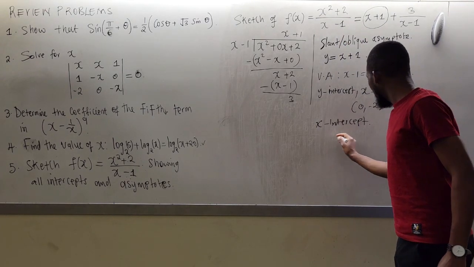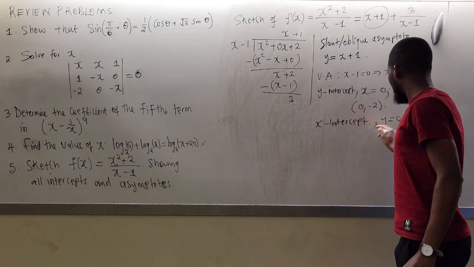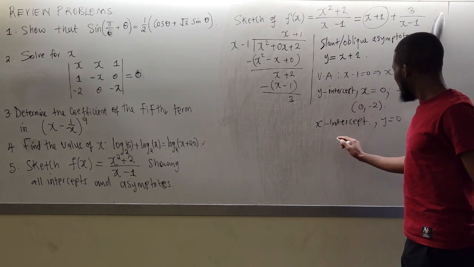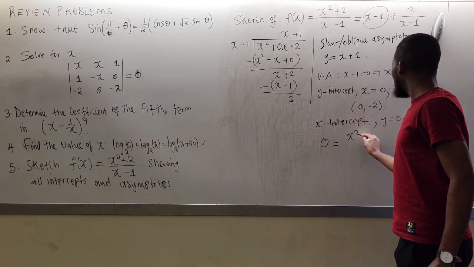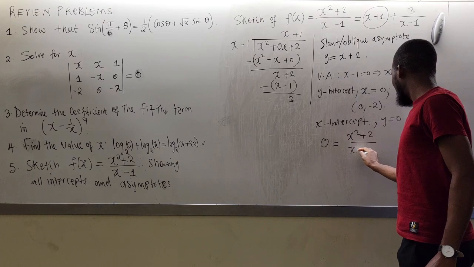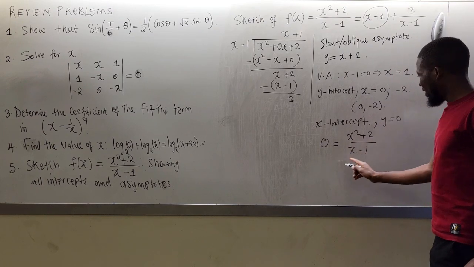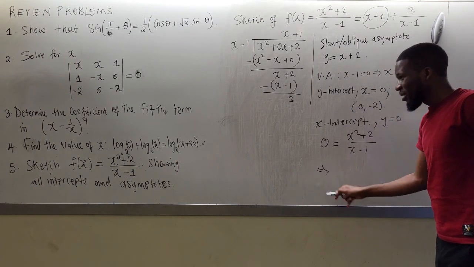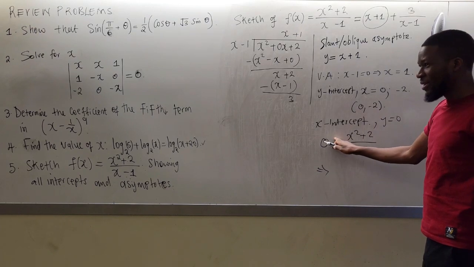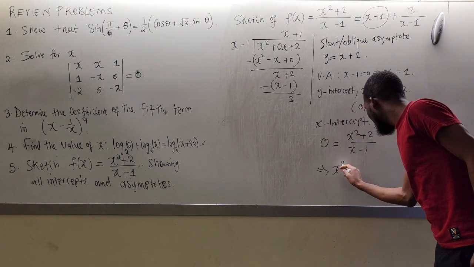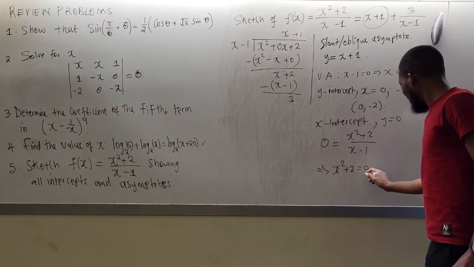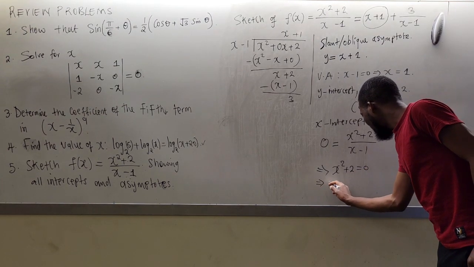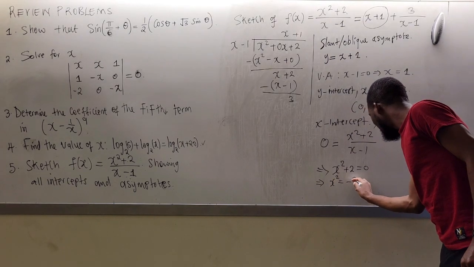Why? Because at the x-intercept y is equal to 0, meaning that 0 is equal to x squared plus 2 over x minus 1. This implies that the numerator is 0, so x squared plus 2 is equal to 0. But this implies x squared is equal to -2.